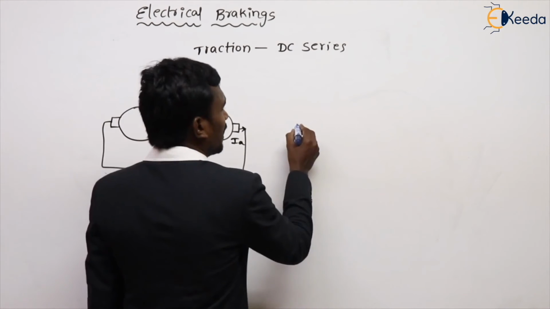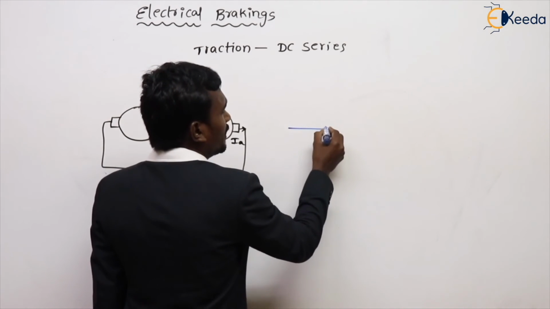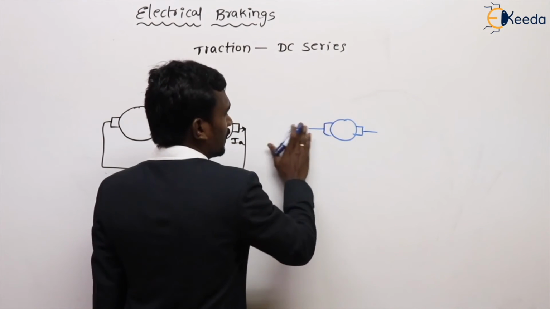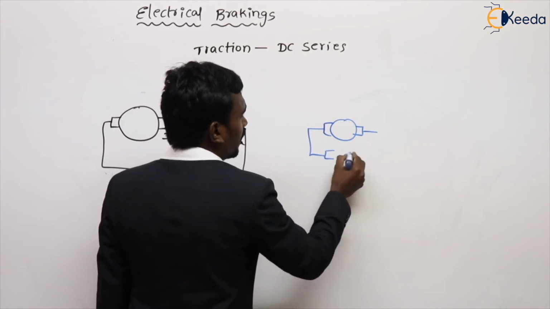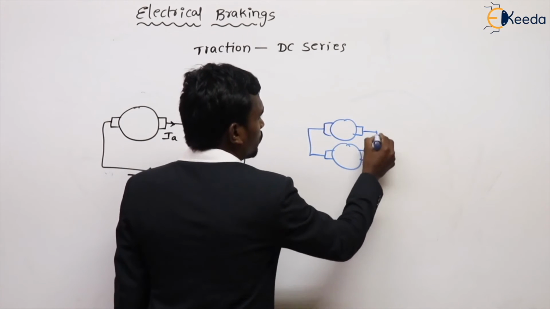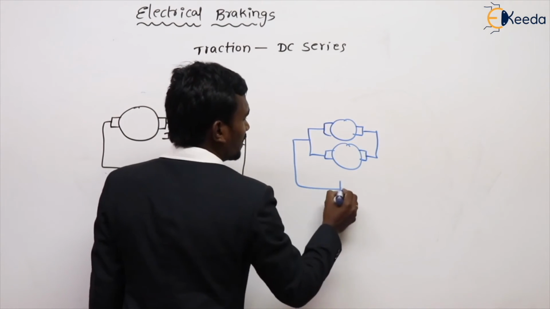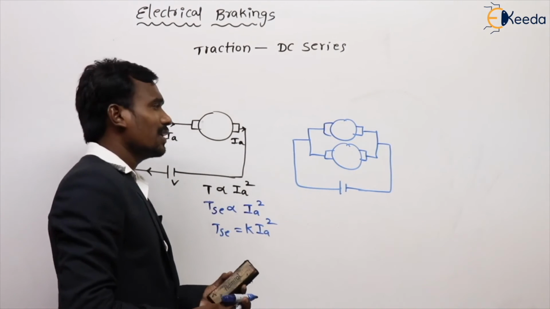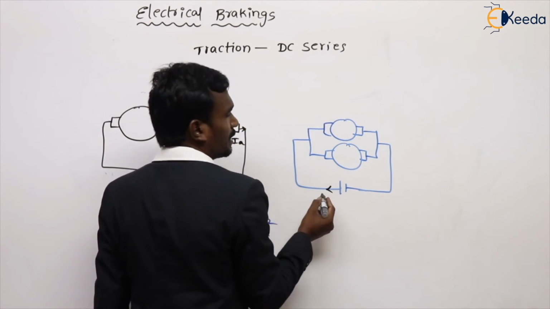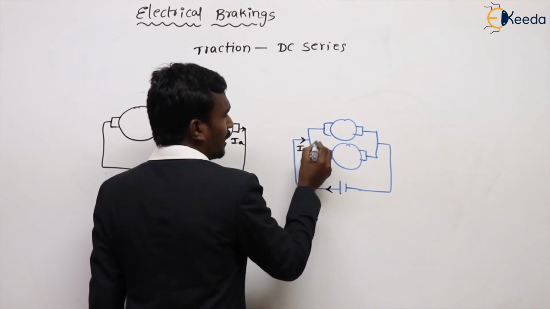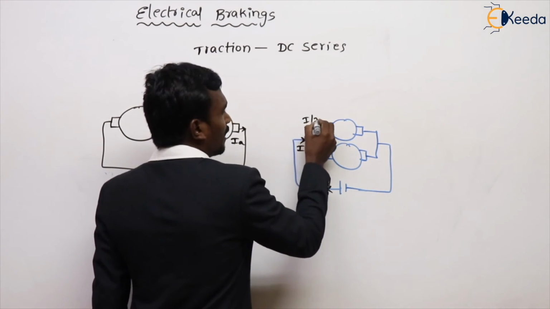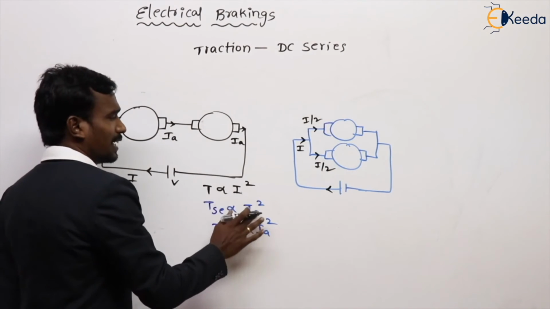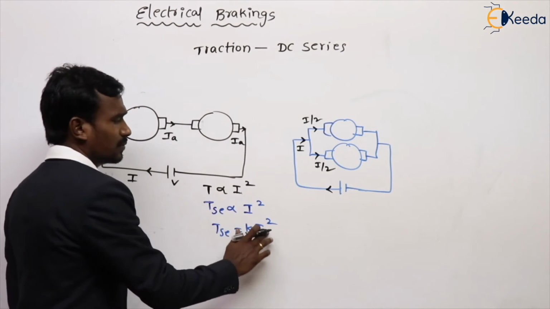Next, take the two DC series motors in parallel. For example, now I am taking the same two DC series motors connected in parallel. Let's see. Here the supply current is I, but in each motor the current is I by 2. Take current I for easy analysis.